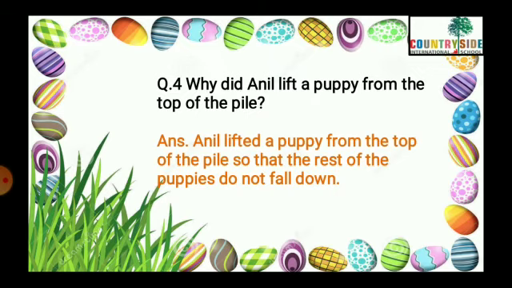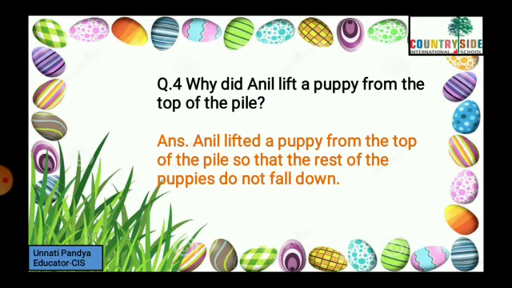Question 4. Why did Anil lift a puppy from the top of the pile? The answer is Anil lifted a puppy from the top of the pile so that the rest of the puppies do not fall down. Right? This is what he understood in the end. Isn't it? Now have a look at how we frame the answer.